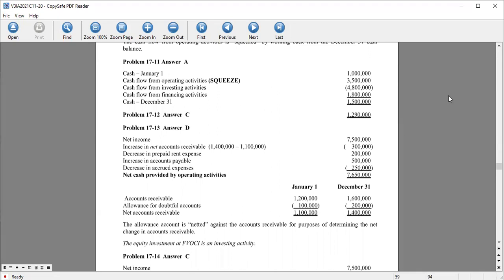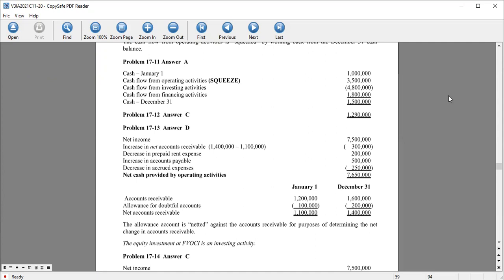And then your prepaid rent expense changed by 200,000. We have a decrease in the prepaid rent at January 1, beginning 600,000, ending 400,000. Column 1 beginning, column 2 ending.